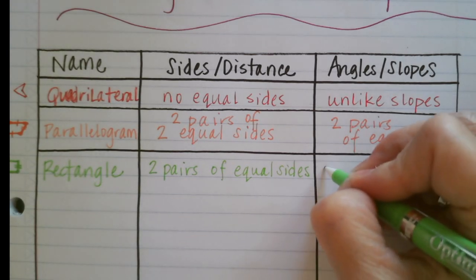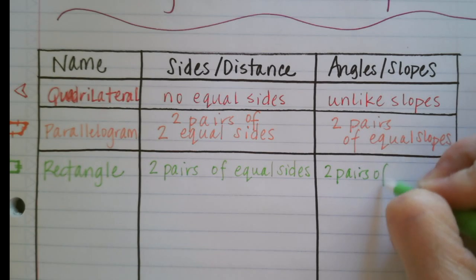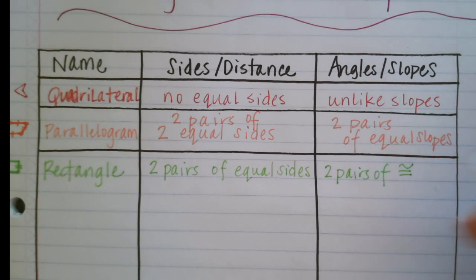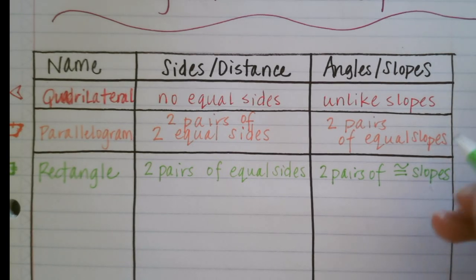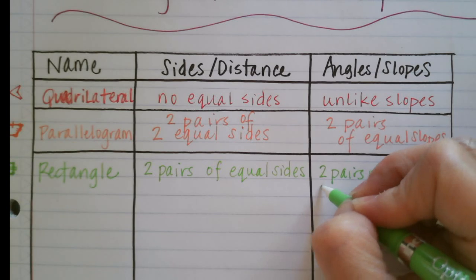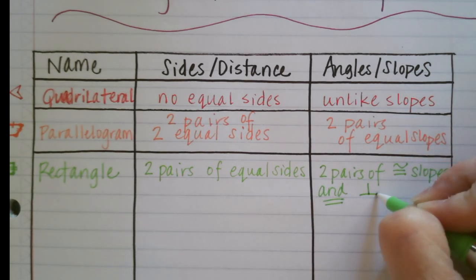Okay, so we have two pairs of, and I'm going to change over to congruent, let's go with two pairs of equal slopes that are also perpendicular.